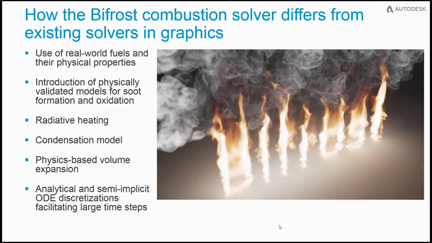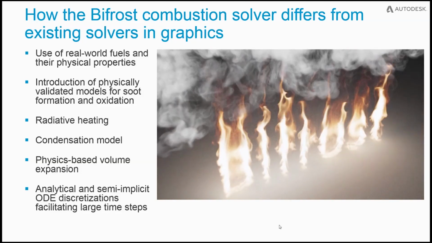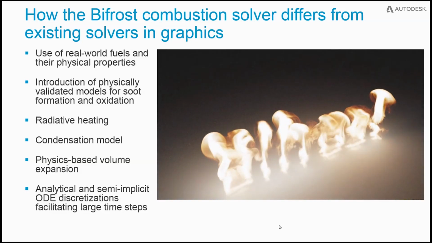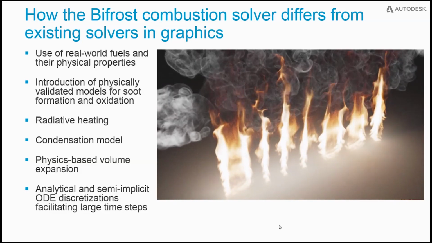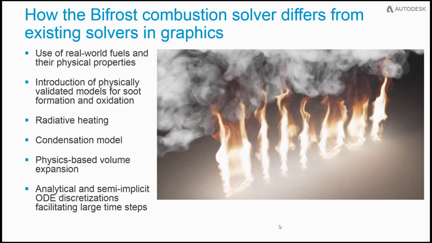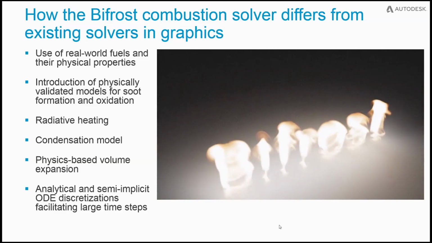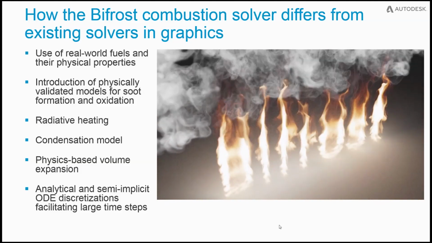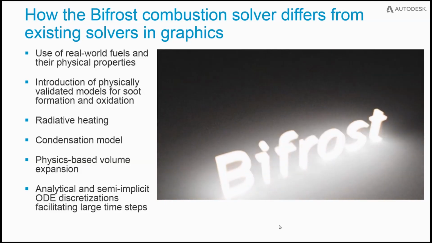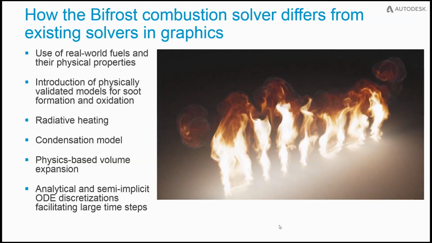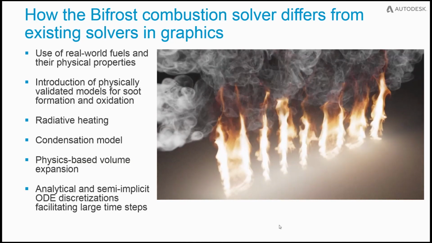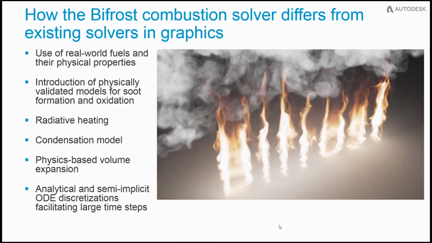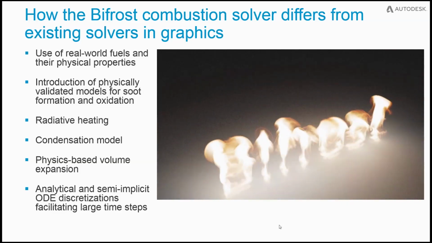At the top, I've listed the ability to use real-world fuels, and we also make use of their actual measurable physical properties in the underlying solver, which means that, for example, we can reproduce the adiabatic flame temperatures if we know the fuel, for example, and the ignition temperature.